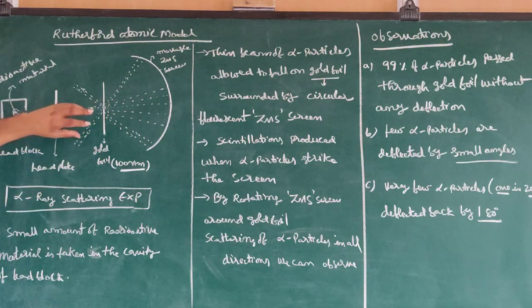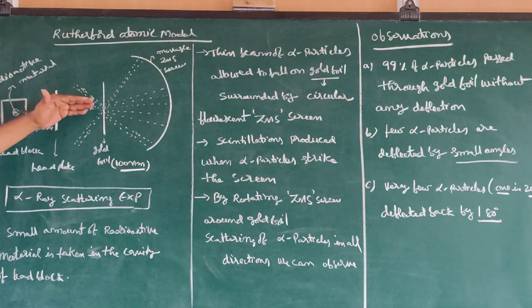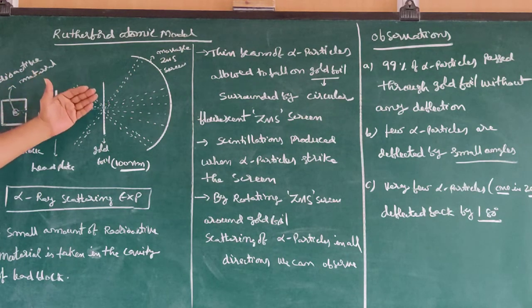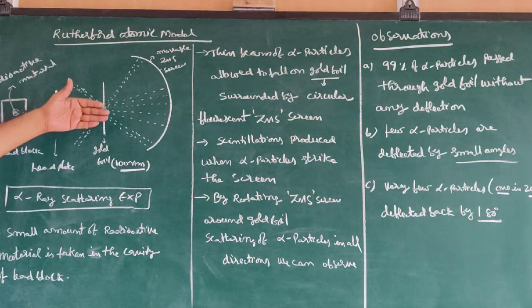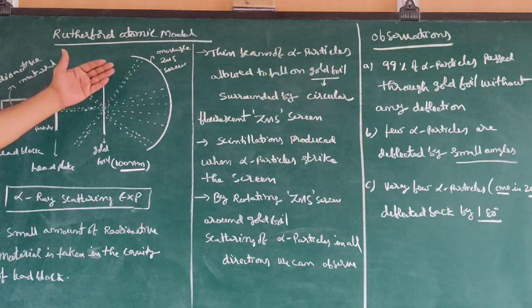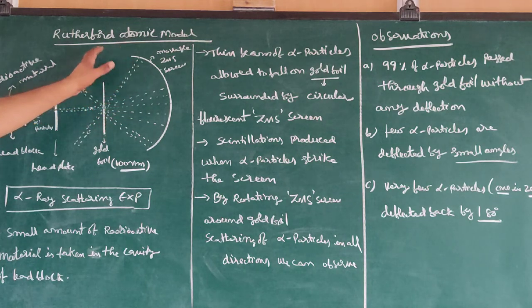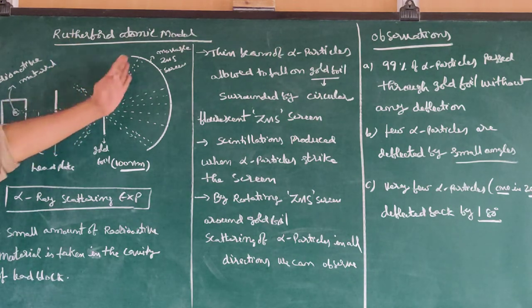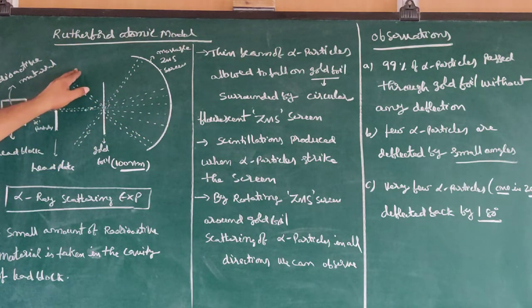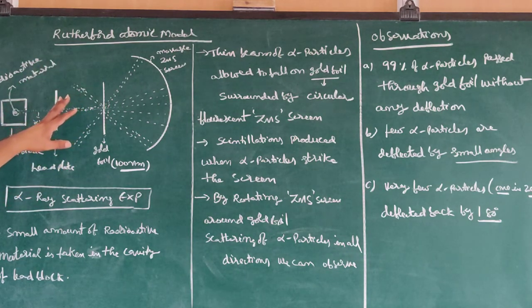After passing the foil, when the alpha particles fall on the zinc sulfide screen, we can observe scintillations. If you rotate the screen, you can observe the scintillations in all directions, not only in this direction.